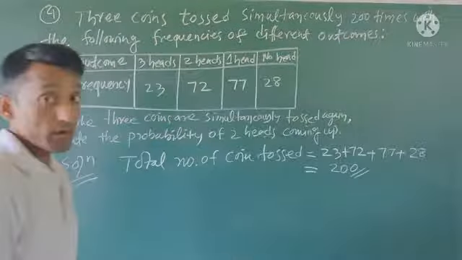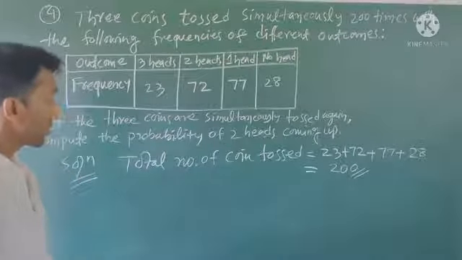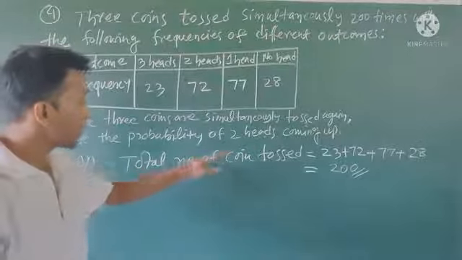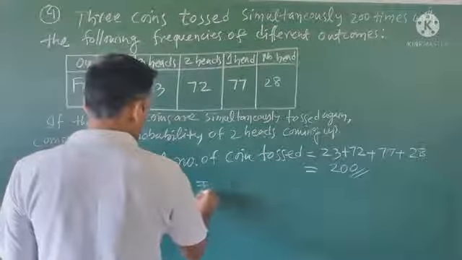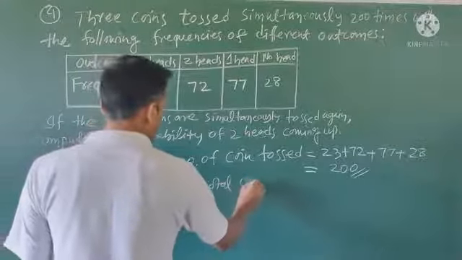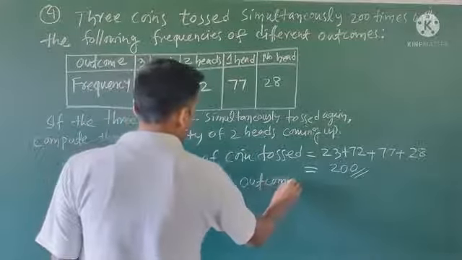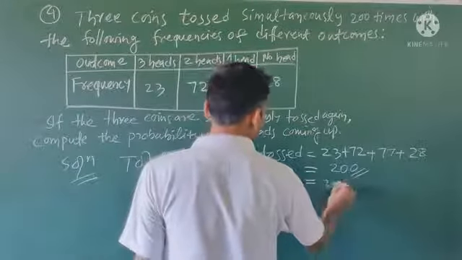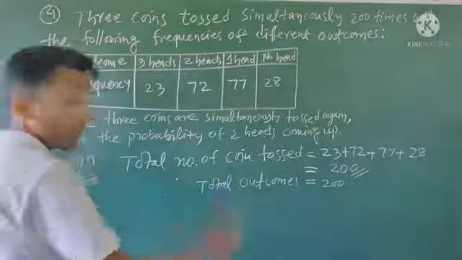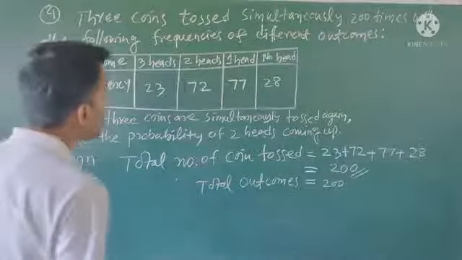So the coin was tossed 200 times in total. Therefore the number of total outcomes is 200. You can write number of total outcomes or total outcomes.